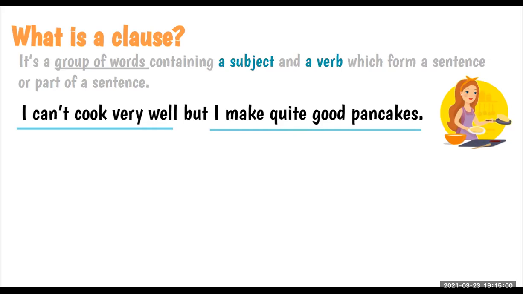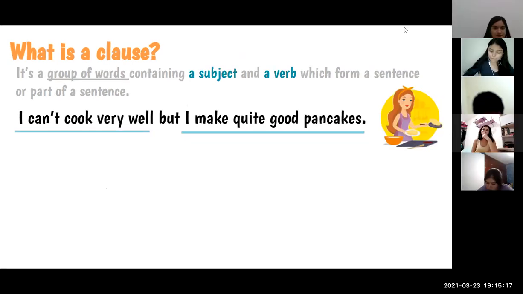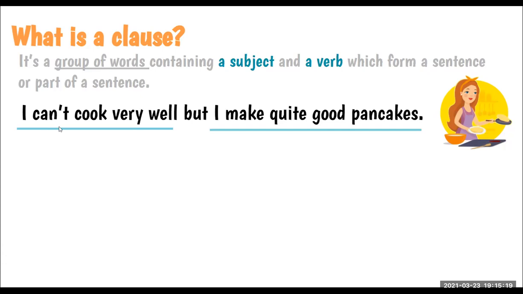Okay, good. So what is the subject in the first clause? I is the subject. And the verb? Cook. Okay. Here in the second sentence, the subject is also I, right?